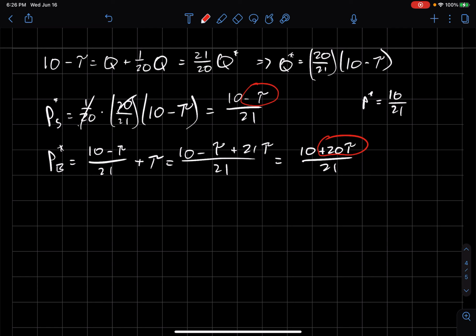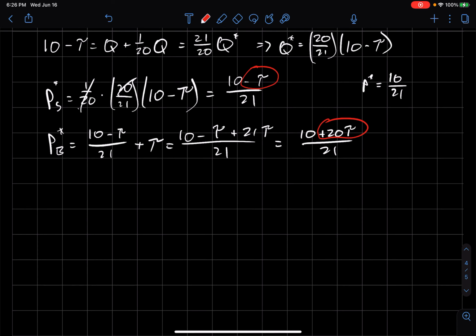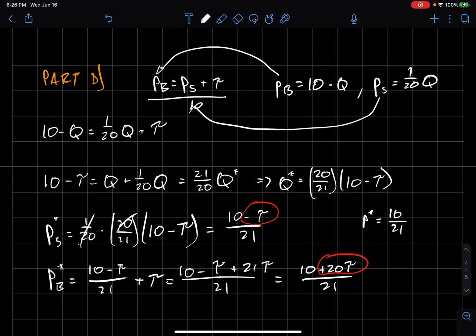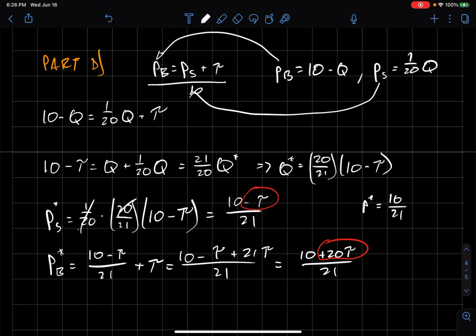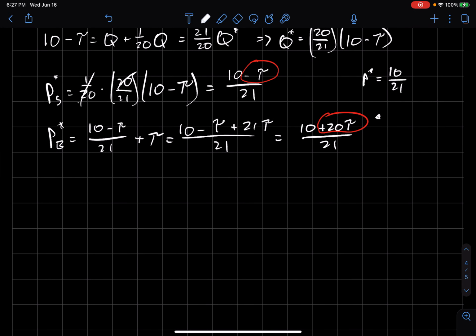So the incidence of the tax is going to fall mostly on the buyer. And if you wanted to check that your math is all right, you can take the price and plug it back into the demand curve to verify that the quantities are the same, but I'm going to skip it here.